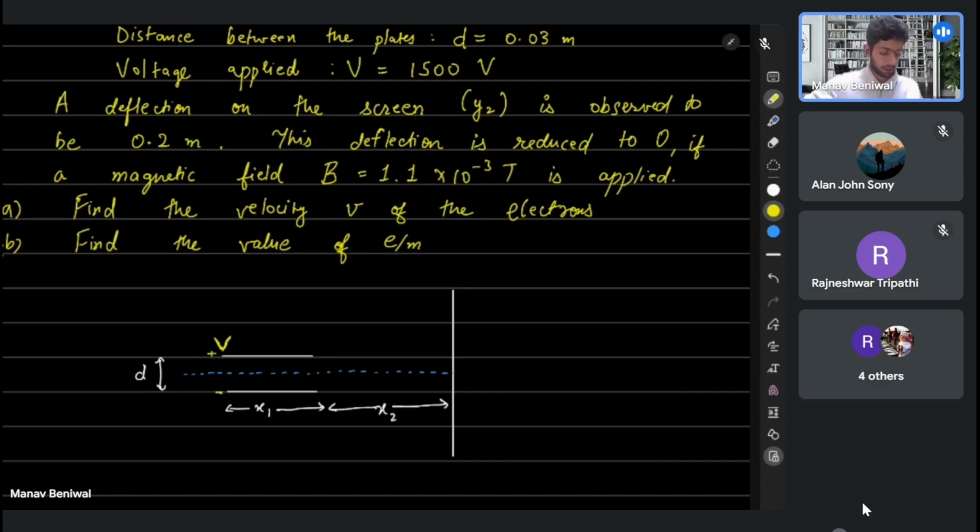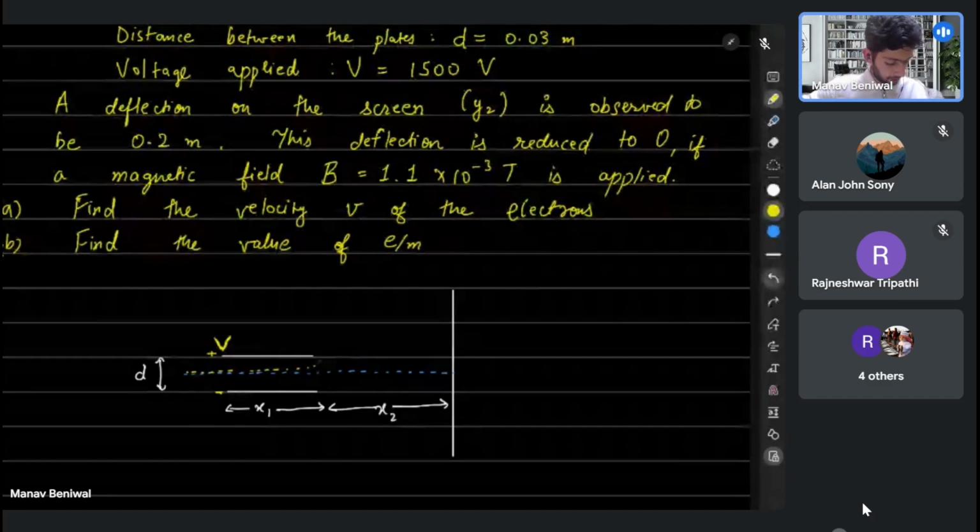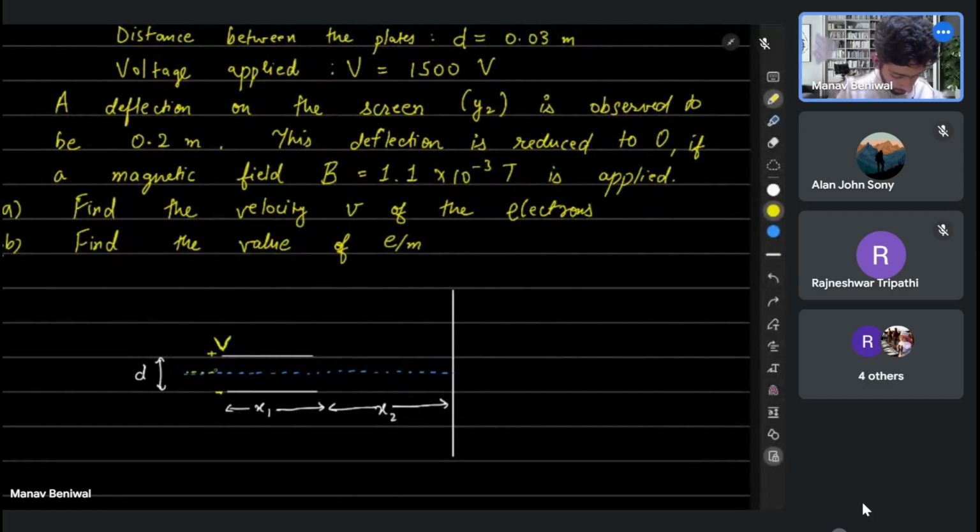Then these particles get deflected like this. Maybe I can just draw a straight line.